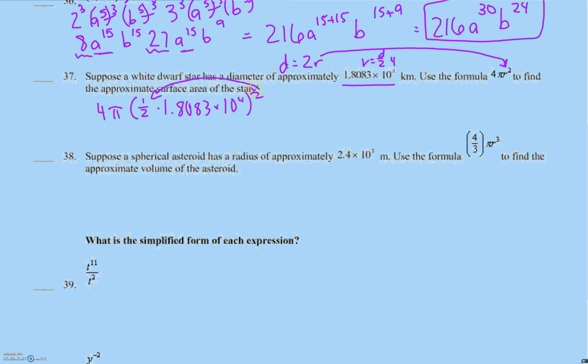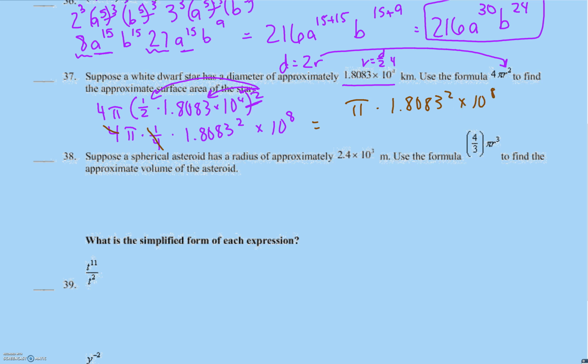Take my squared to all three pieces here. 4 pi times 1/2 squared is 1/4 times 1.8083 squared times 10. Power to a power means I multiply those. 4 times the 4th is just 1. So I'm going to have pi times 1.8083 squared times 10 to the 8th.